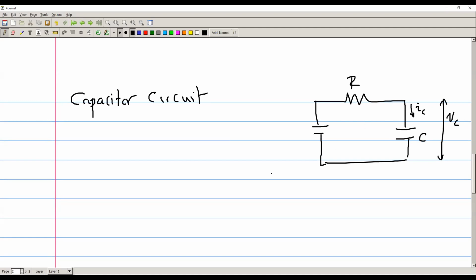I'll give you a very simple equation that you can use to solve any such problem without difficulty. Let's consider a particular parameter.